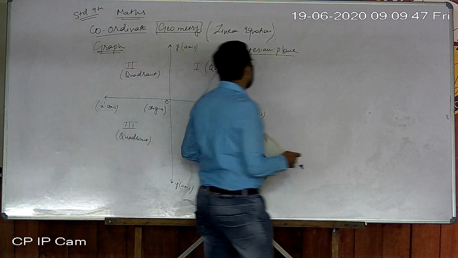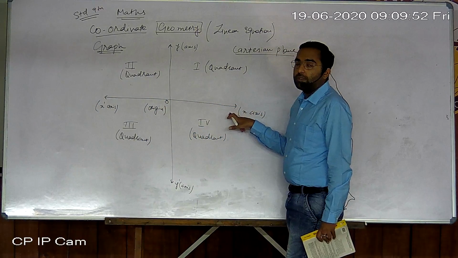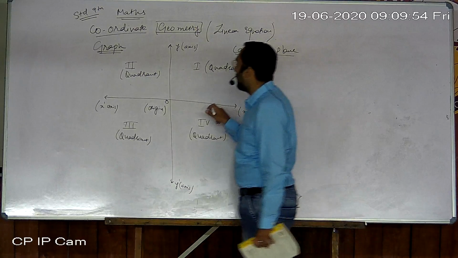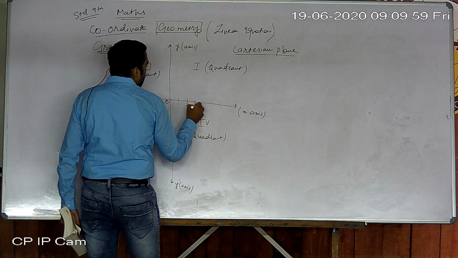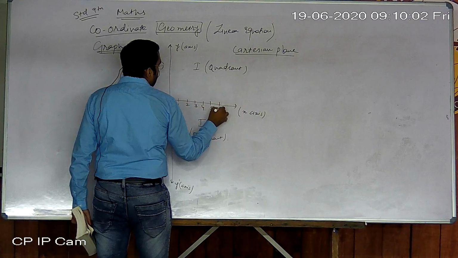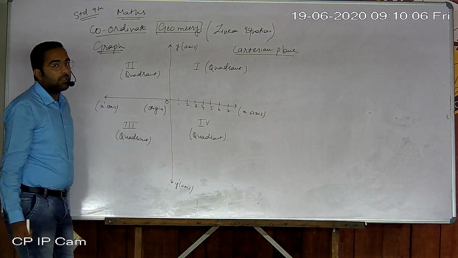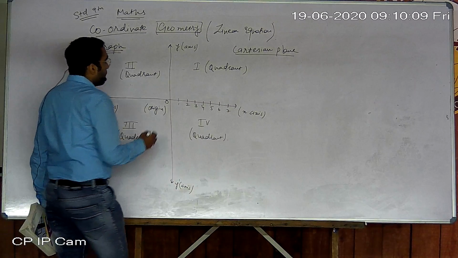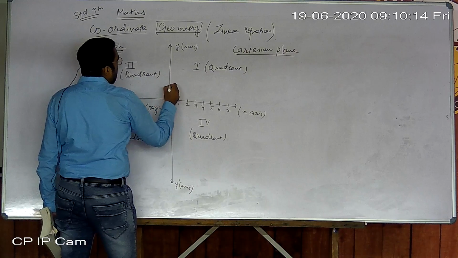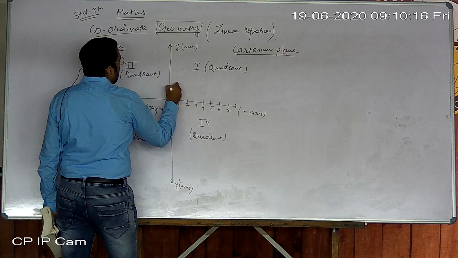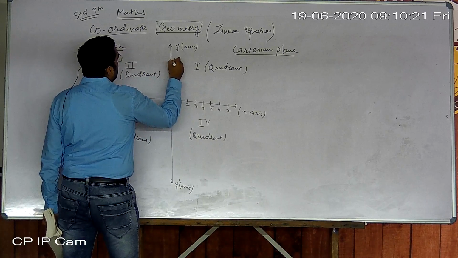Now here, with the x-axis we are always taking positive values on this part. We are always taking positive values on this part of the x-axis. Okay. Now with this y-axis we are always taking positive values.